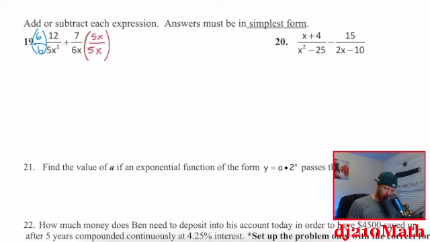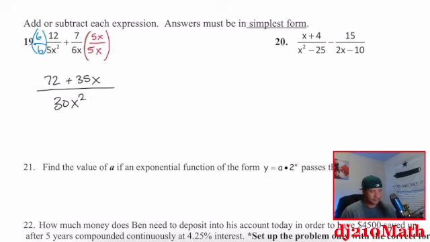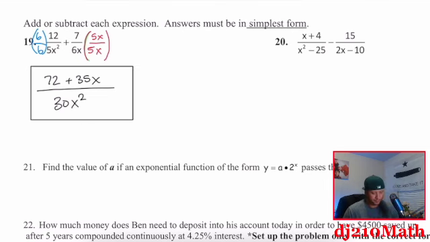So our denominator is going to be 6 times 5, which is 30x squared. And this is all under 6 times 12, which is 72, plus 5 times 7 is 35x. So we've taken two fractions, combined them into one. And that's as far as we can go.